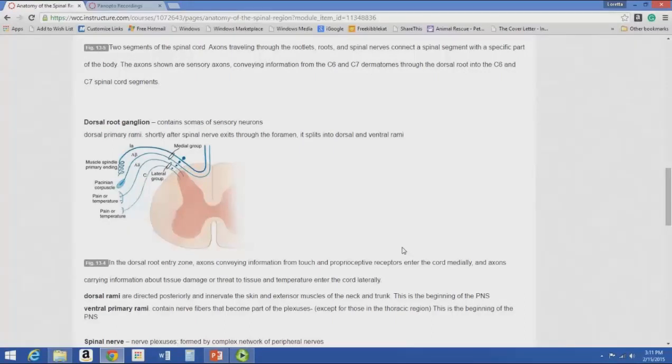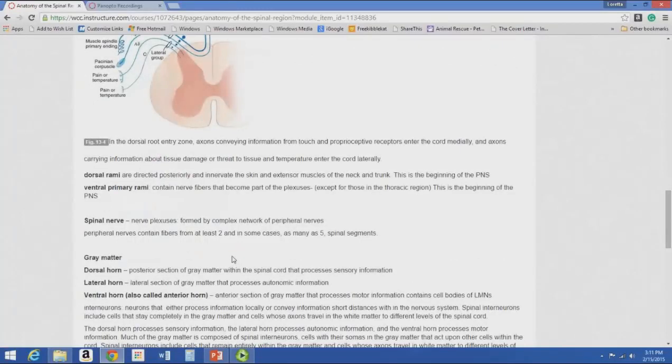Okay, so the nerve plexes, we talked about this in the peripheral nerve chapter. They form the network of peripheral nerves, and the peripheral nerves themselves contain fibers from at least 2, and in some cases as many as 5 spinal segments. We say like the obturator nerve comes from several lumbar segments.